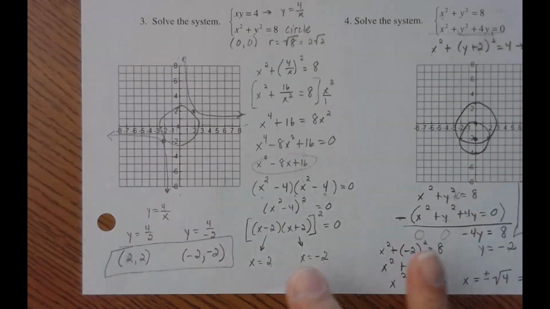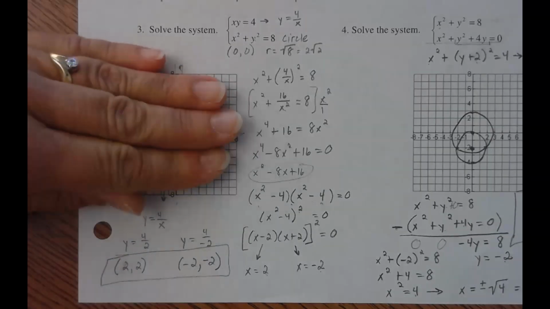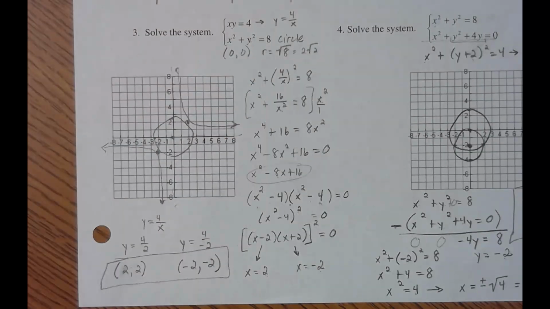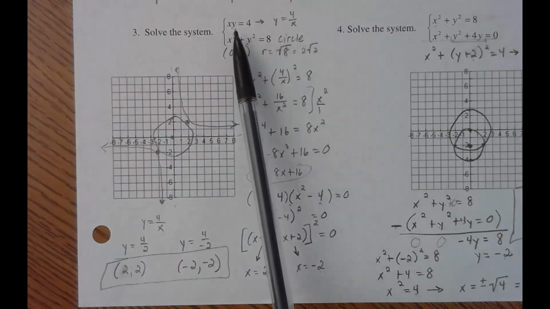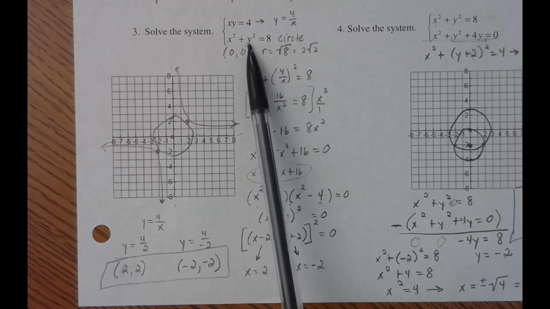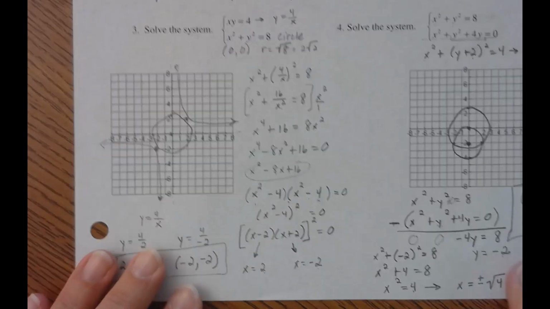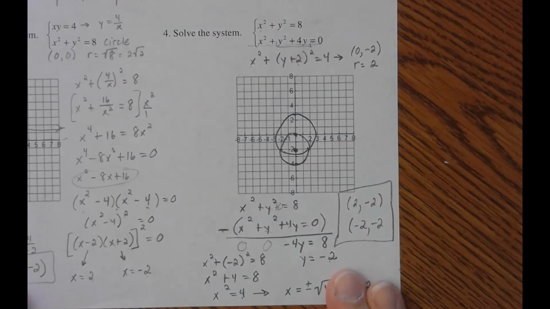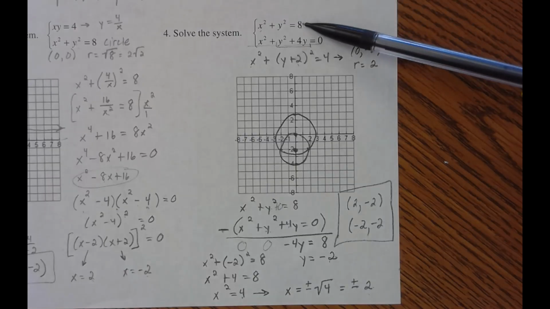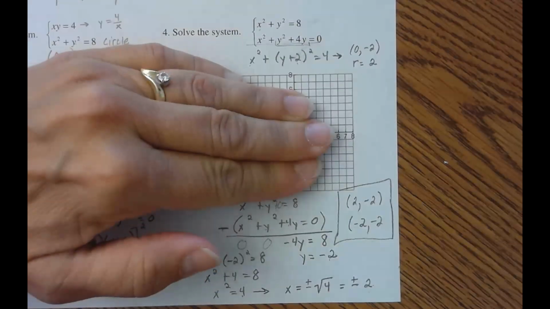On our third example, we have equations we're not familiar with the shape of the graph. We can use the substitution method again. Solve this equation for y, substitute that in place of y in the other equation. In the fourth example, again, we aren't familiar with graphing circles, so we wouldn't be able to come up with this.